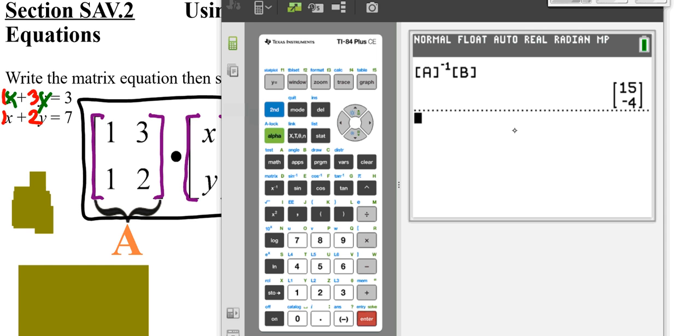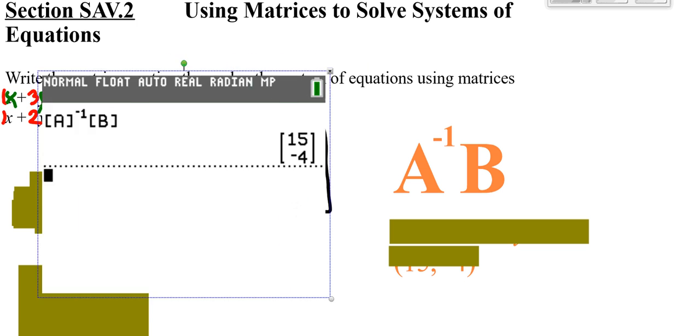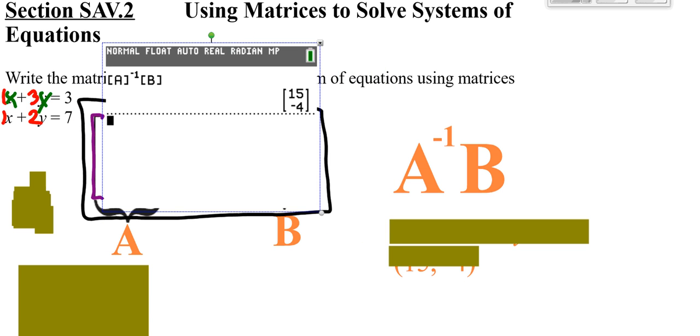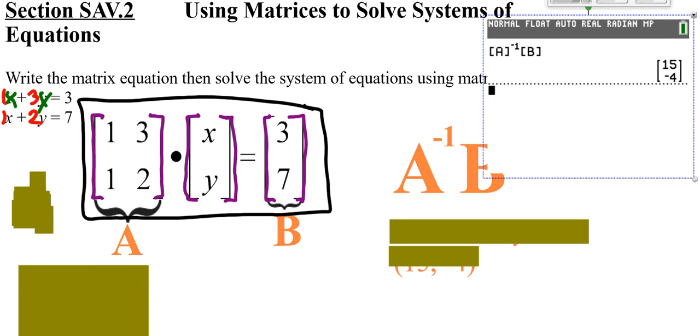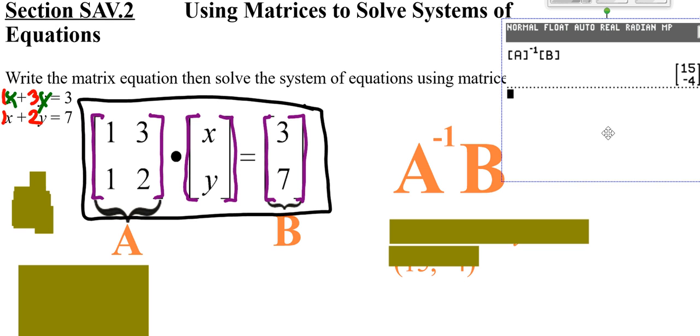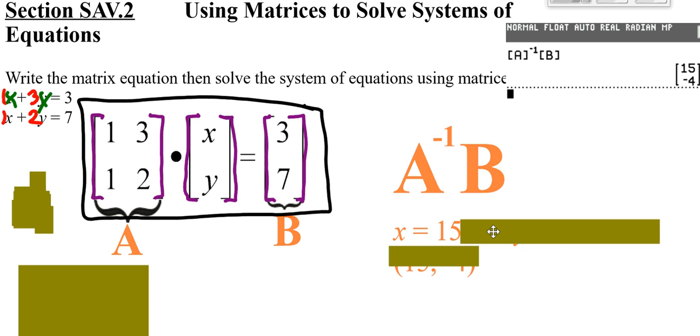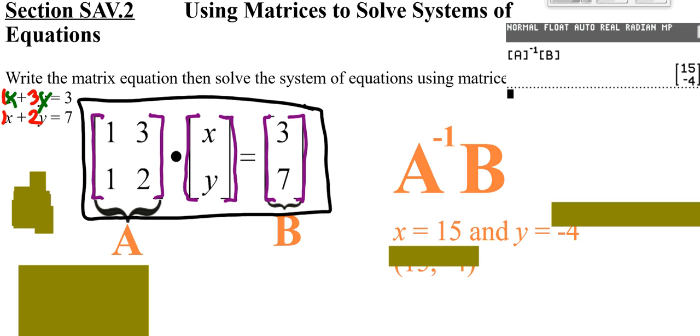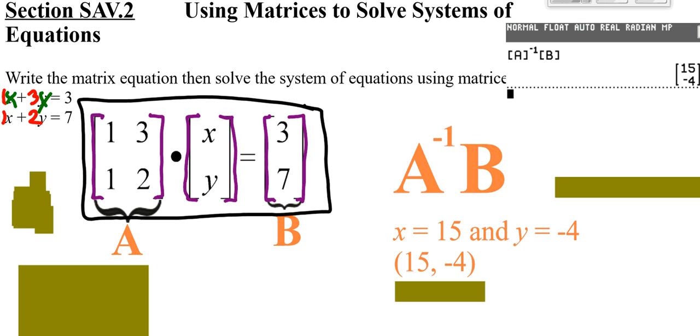So we end up getting this right here, which these numbers refer to your variables. Our first variable was x, so that corresponds to the 15. Our second variable was y, corresponds to the -4. So these two lines cross at one point, the ordered pair (15, -4).